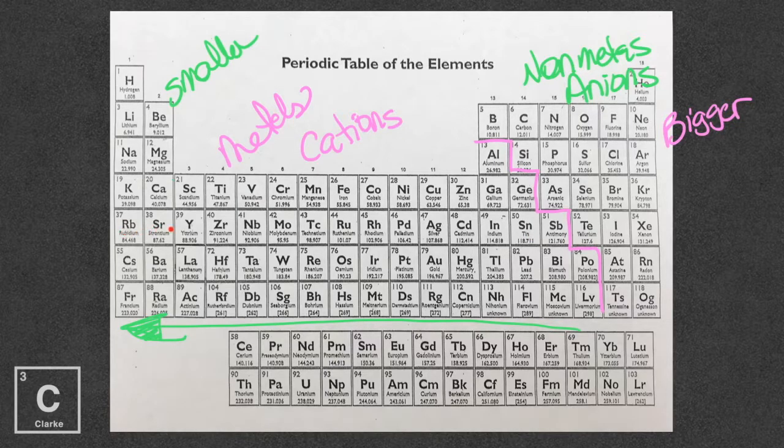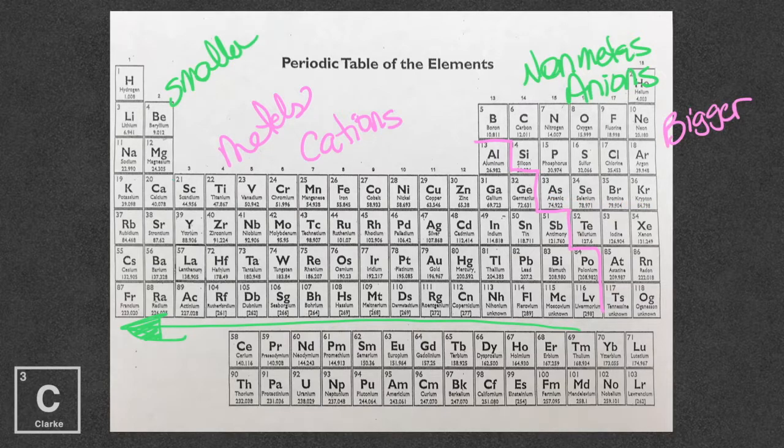They're larger over here and they're going to get smaller, smaller, smaller. If we continue to cross the metalloids, we're going to get a giant jump when we go from cations to anions, because anions are much bigger than their neutral atom. So we're going to start big, get small, have a giant jump, and then continue to get small.